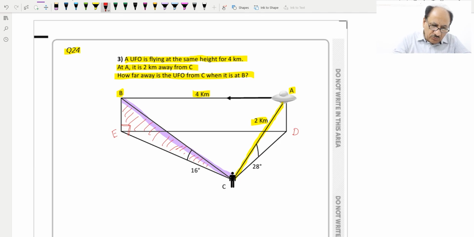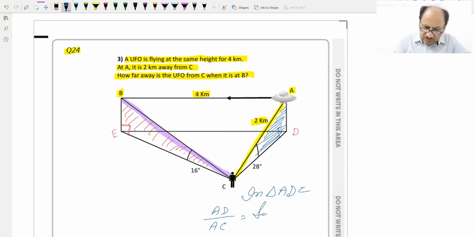So what we will do, we will use the other triangle, which is this one, ADC. So in triangle ADC, D is right angle, so we can write AD over AC is equal to sine of 28 degrees.